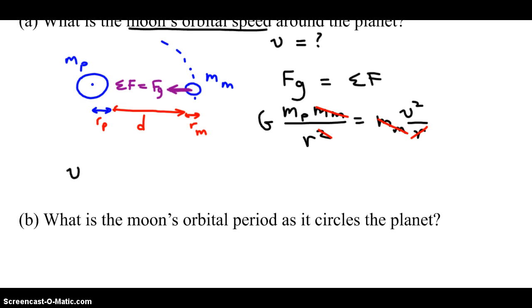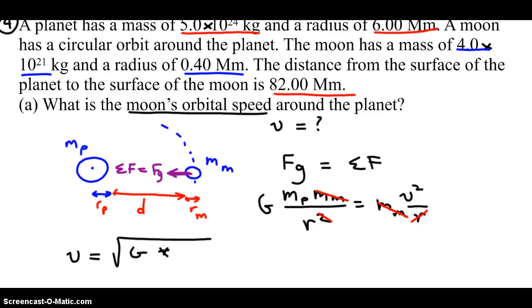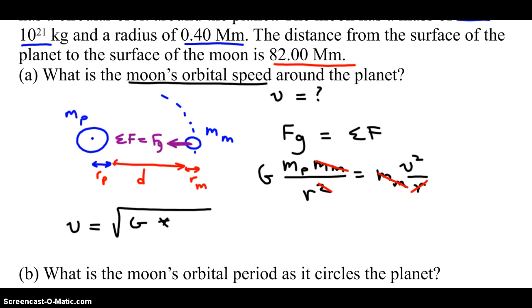And v is simply equal to the square root of G, which is a value we know, 6.67 times 10 to the negative 11. G times the mass of the planet, 5 times 10 to the 24, over r, and r is the total distance.